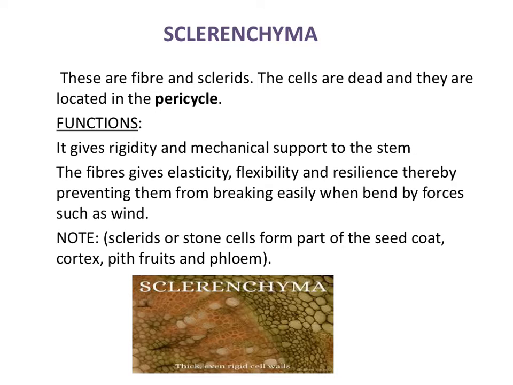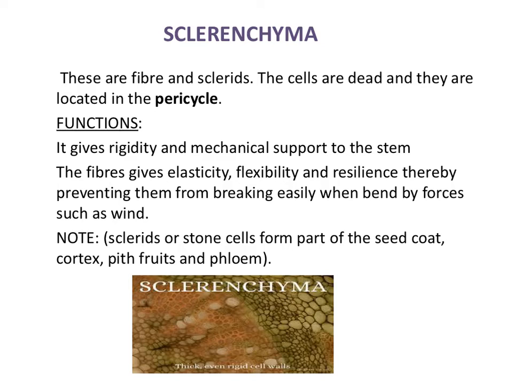Sclerenchyma. These are fibers and sclereids. The cells are dead and they are located in the pericycle. Functions: it gives rigidity and mechanical support to the stem. The fibers give elasticity, flexibility, and resilience, thereby preventing the stem from breaking easily when bent by forces such as wind.